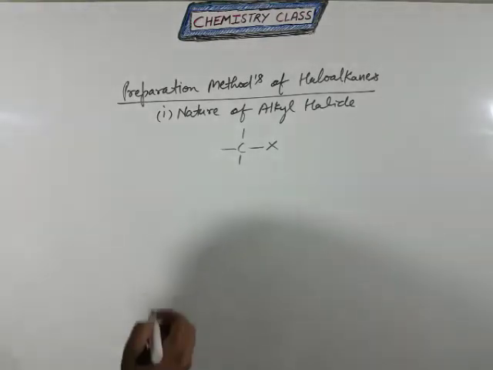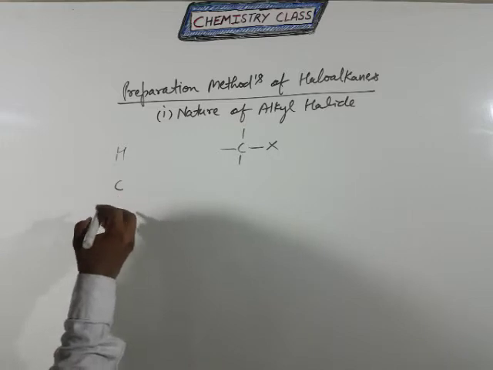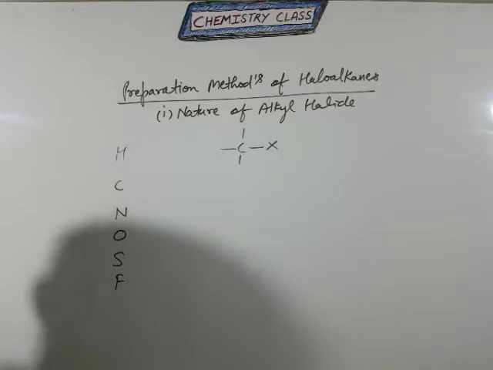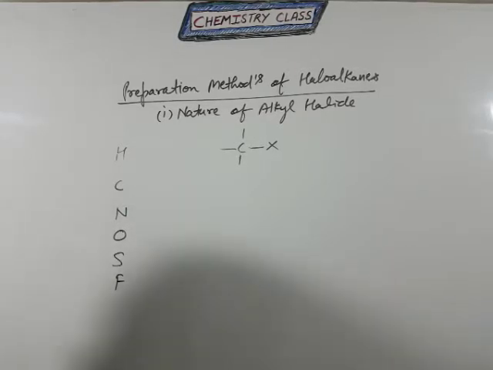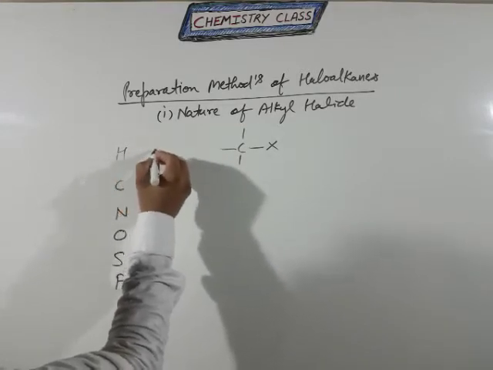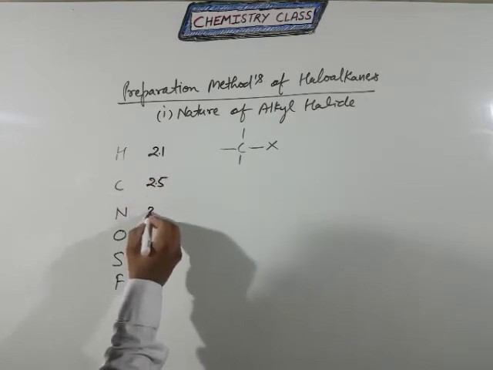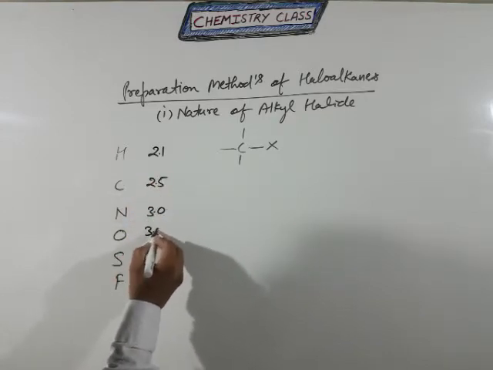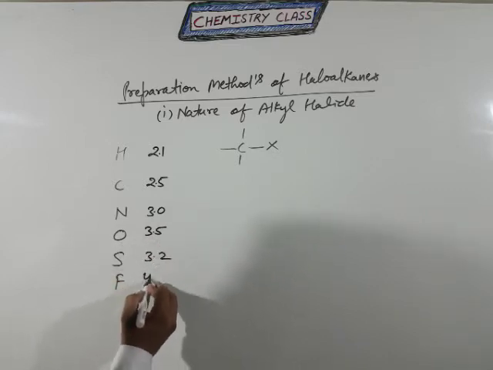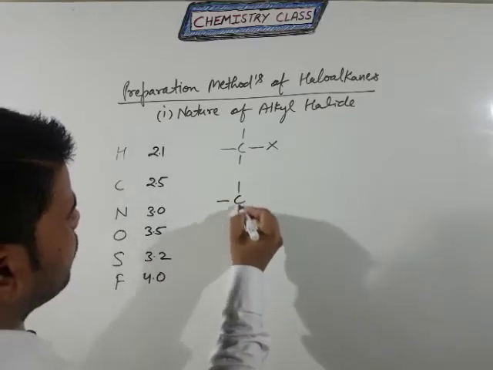Consider some elements like hydrogen, carbon, nitrogen, oxygen, sulfur and fluorine. These are the common elements. The electronegativity of hydrogen is almost 2.1, carbon 2.5, nitrogen 3.0, oxygen 3.5, sulfur almost 3.2 and fluorine 4.0.